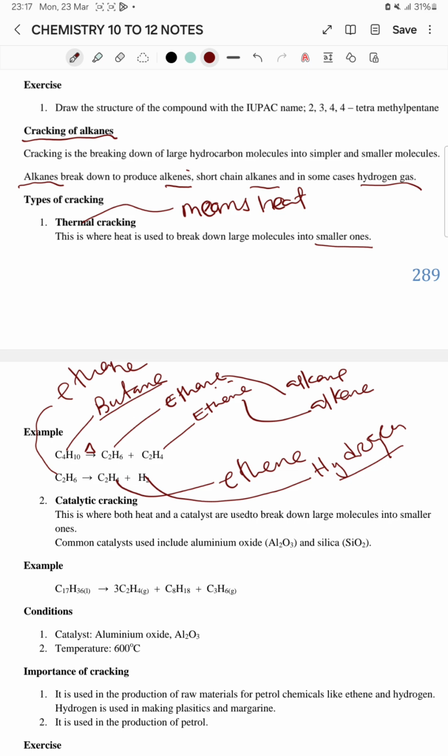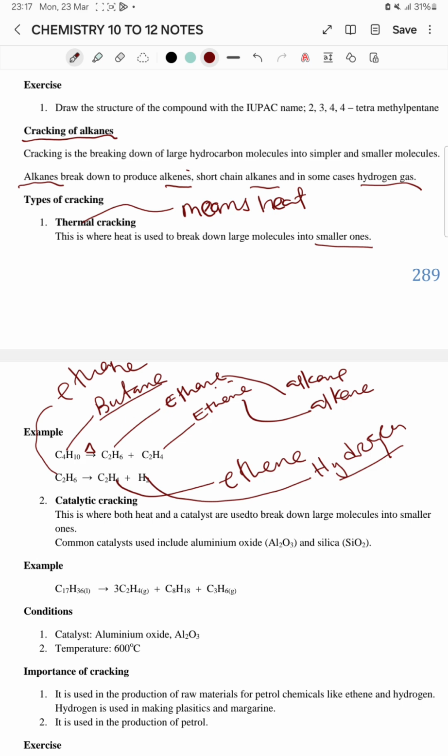So now we go to catalytic cracking. This is where both heat and a catalyst are used to break down large molecules into smaller ones.